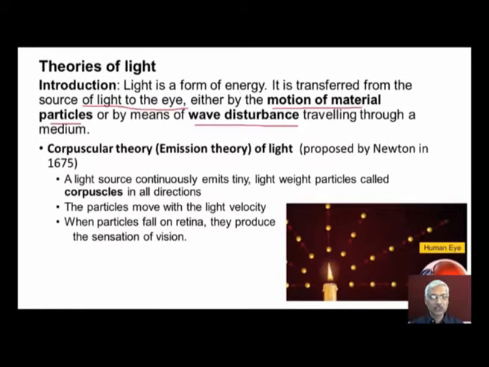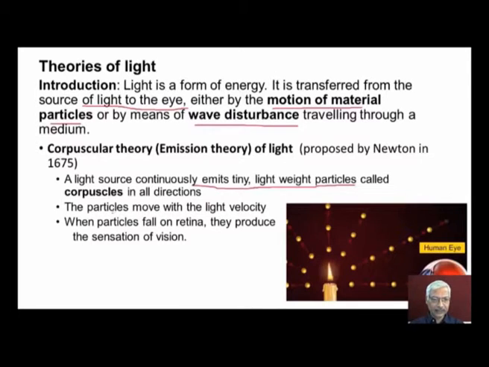One is the emission theory of light proposed by Newton in the year 1675. According to this emission theory, a light source continuously emits tiny lightweight particles called corpuscles in all directions. You can see here in this diagram, we have a light source which is emitting tiny lightweight particles in all directions.